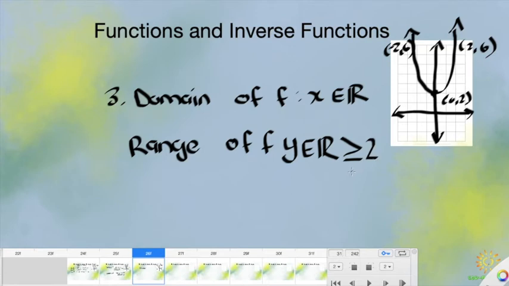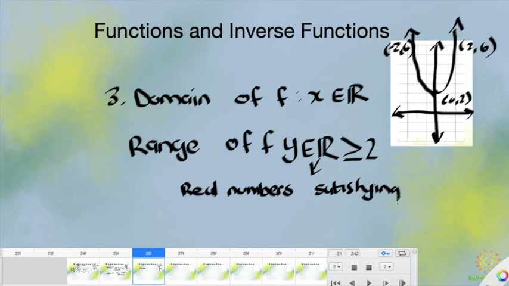So 2 is the smallest number, everything above. So all real numbers satisfying this. I'm going to write this down for you guys just so that we understand. All real numbers satisfying this relationship, this condition, okay, are part of our range.